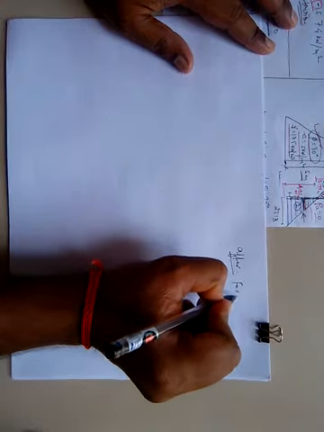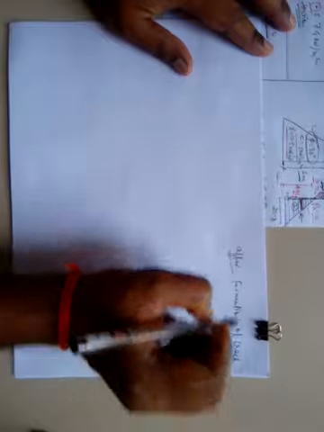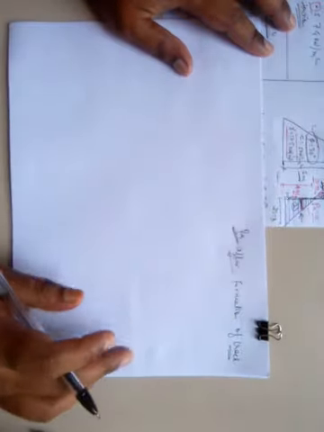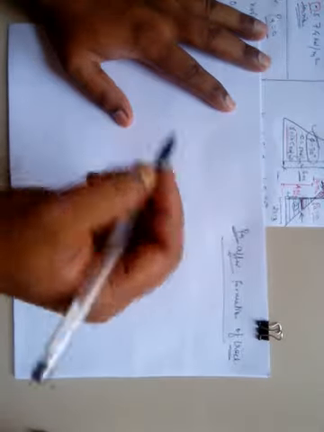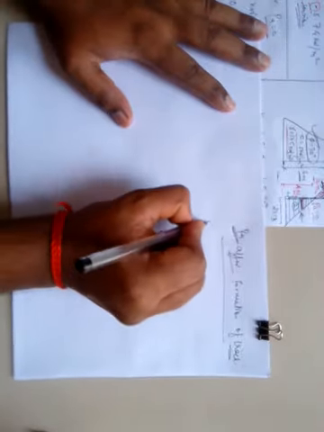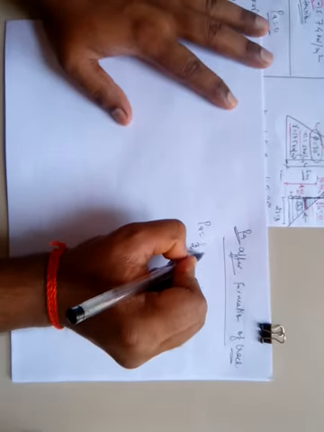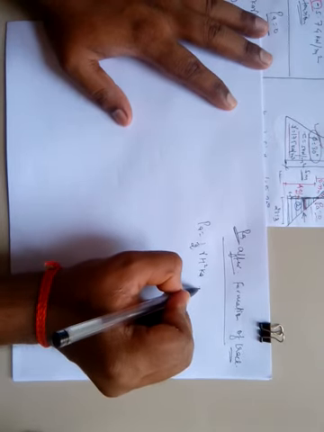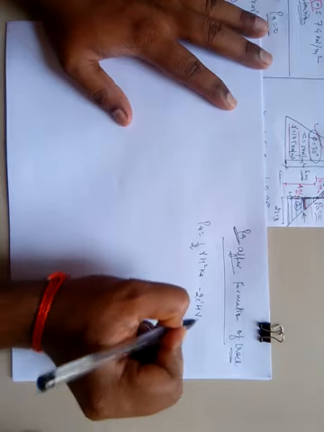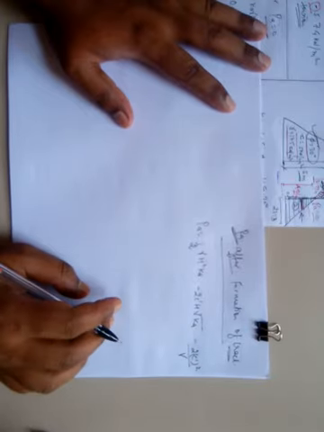Now again, after formation of crack, active pressure after formation of crack. So we have a formula: Pa is equal to half h square Ka gamma minus 2c dash h root over Ka plus 2c dash whole square by gamma.